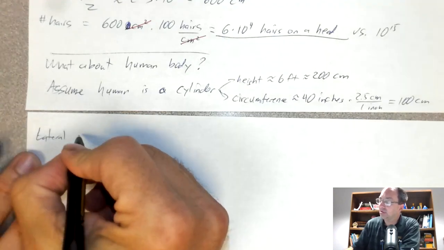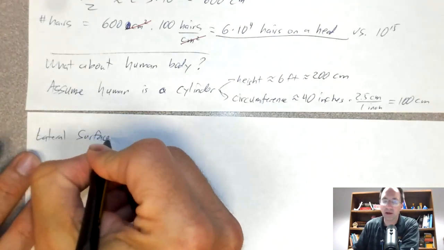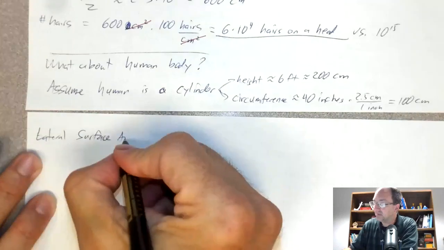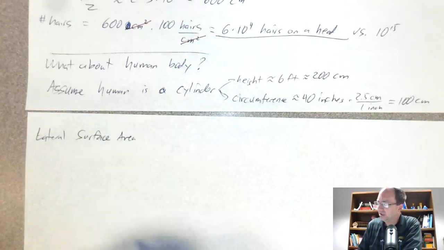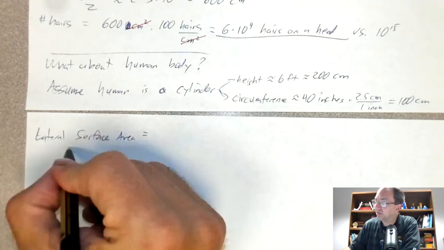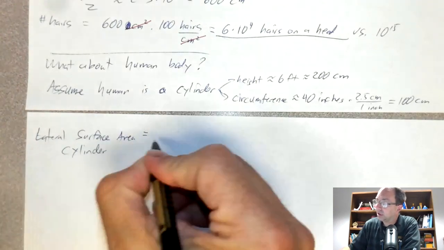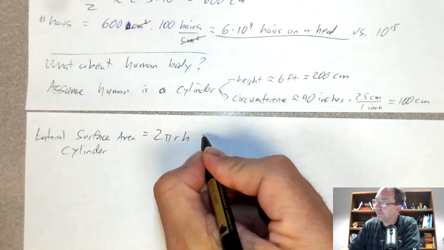So the lateral surface area of a cylinder, so we're not going to worry about the ends. Maybe we should, but that's not going to dramatically change things. So the lateral surface area of a cylinder is 2 pi RH.